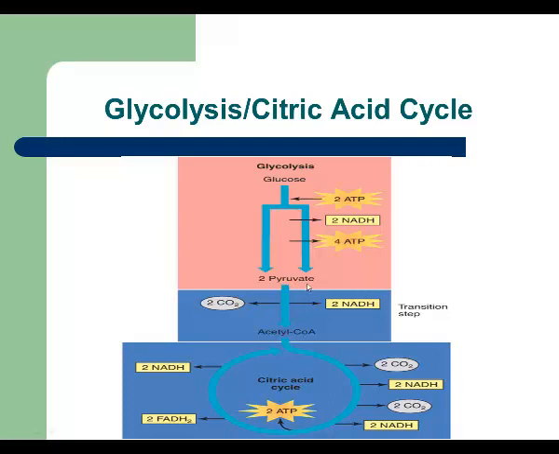So there's one more additional step here between glycolysis and Krebs cycle. It's called the intermediate step. So the intermediate step or transition step connects glycolysis to Krebs cycle because it converts one molecule of pyruvate, which is the end product of glycolysis, into one molecule of acetyl-CoA, which is a substrate for citric acid or Krebs cycle.